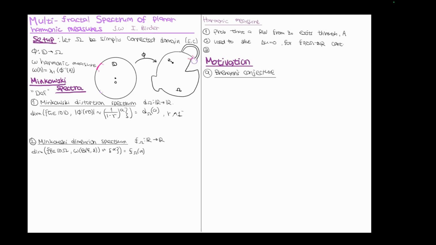You look at the following integral. So pick some domain omega, and we start over. So we start with a simply connected domain, and we let little phi be the Riemann map from omega to the disk.